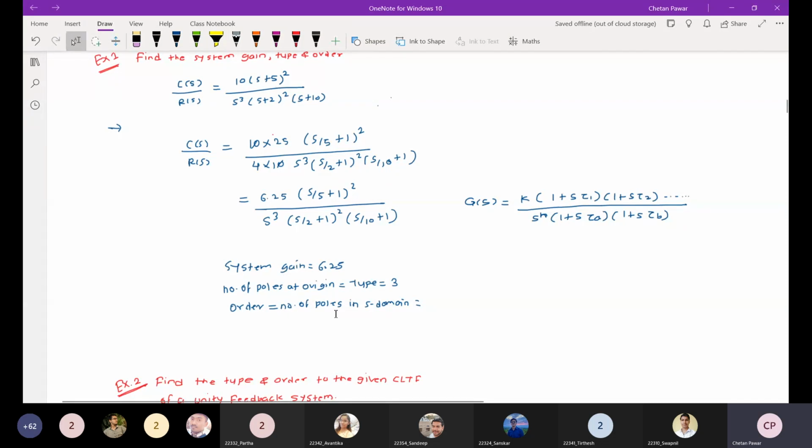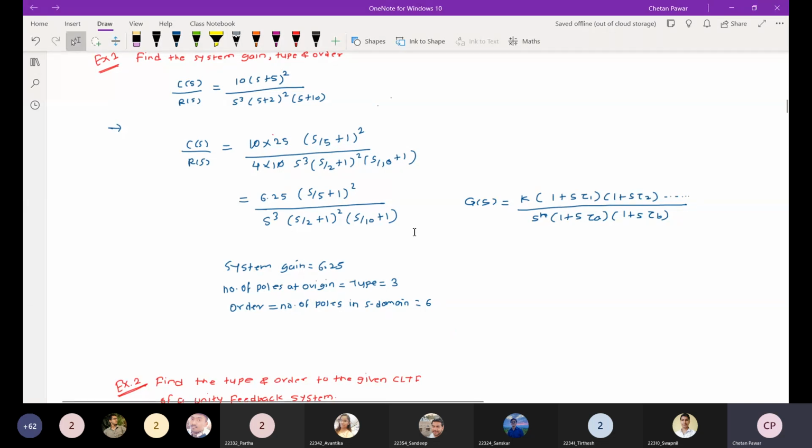No, order means the number of poles in the S domain, right? And what is meant by poles? Roots of the denominator, right? So how many roots are there here? 3 plus 2 plus 1, so there will be 6. So the order of the system will be 6, the number of poles in the S domain.